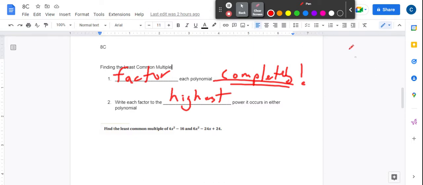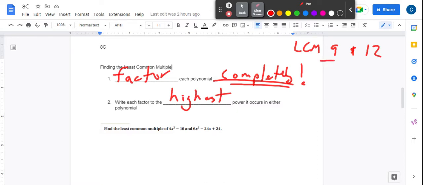So let's just say hypothetically, okay? Let's just say hypothetically we have the numbers 9 and 12. And we want to find the least common multiple of 9 and 12, okay? Well, what I want to do is let's factor 9 and 12 completely, okay?